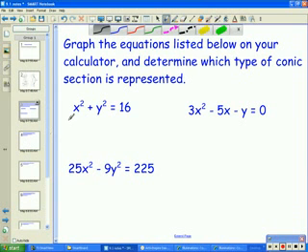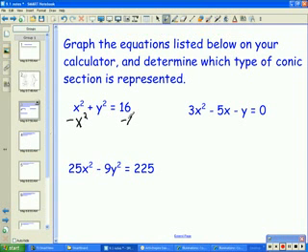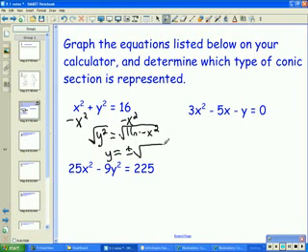Okay, so the first step, we'll subtract x squared from both sides, and we get y squared equals 16 minus x squared, and then we square root both sides, and we end up with y equals plus or minus. Remember, whenever you square root a squared, we get plus or minus the square root of 16 minus x squared.